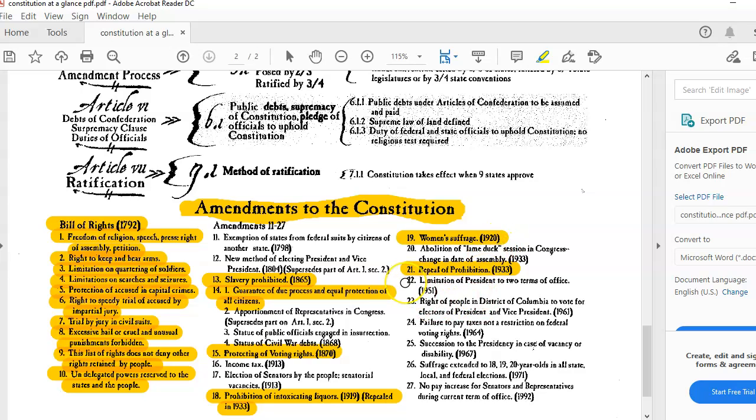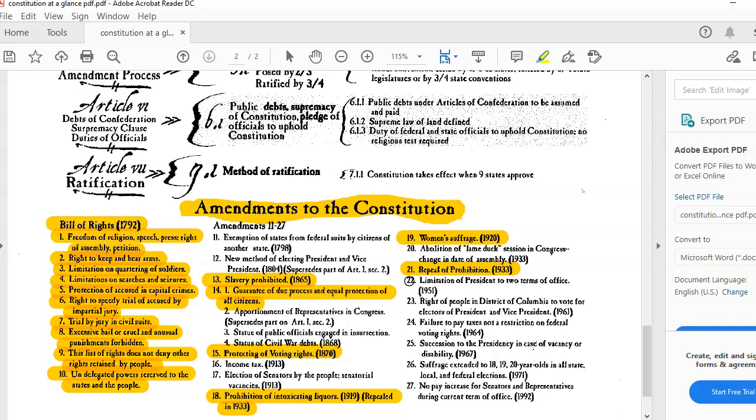And then 22, the limitation of presidents to serve only 2 terms of office. So the last president to have unlimited terms was President Franklin Roosevelt. He was elected to 4 terms, which could have been a total of 16 years, but he died about a year or so into his last term.